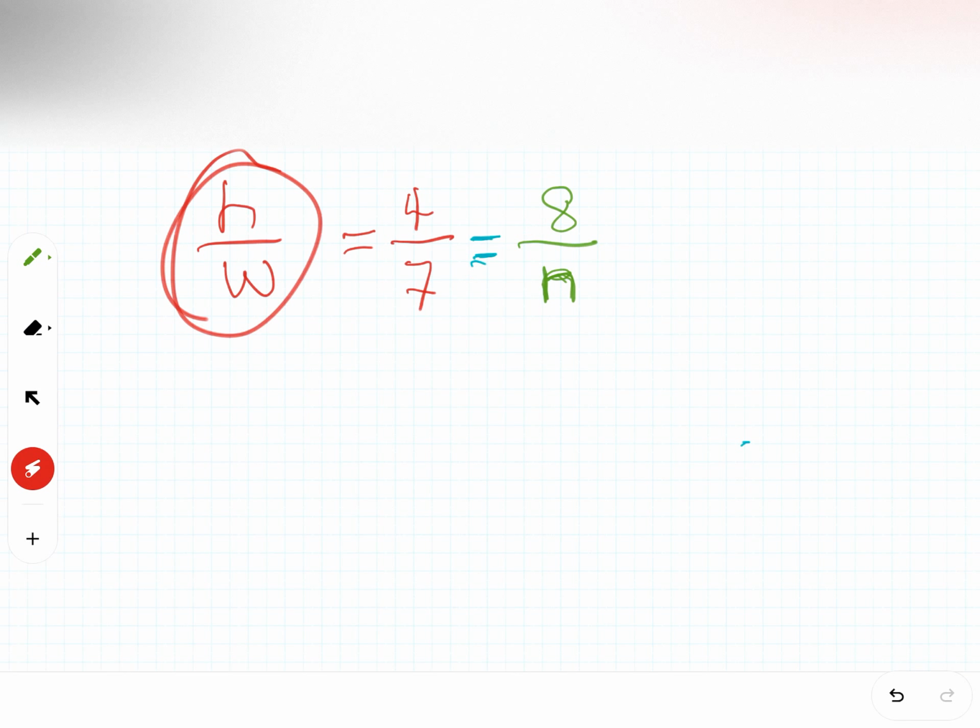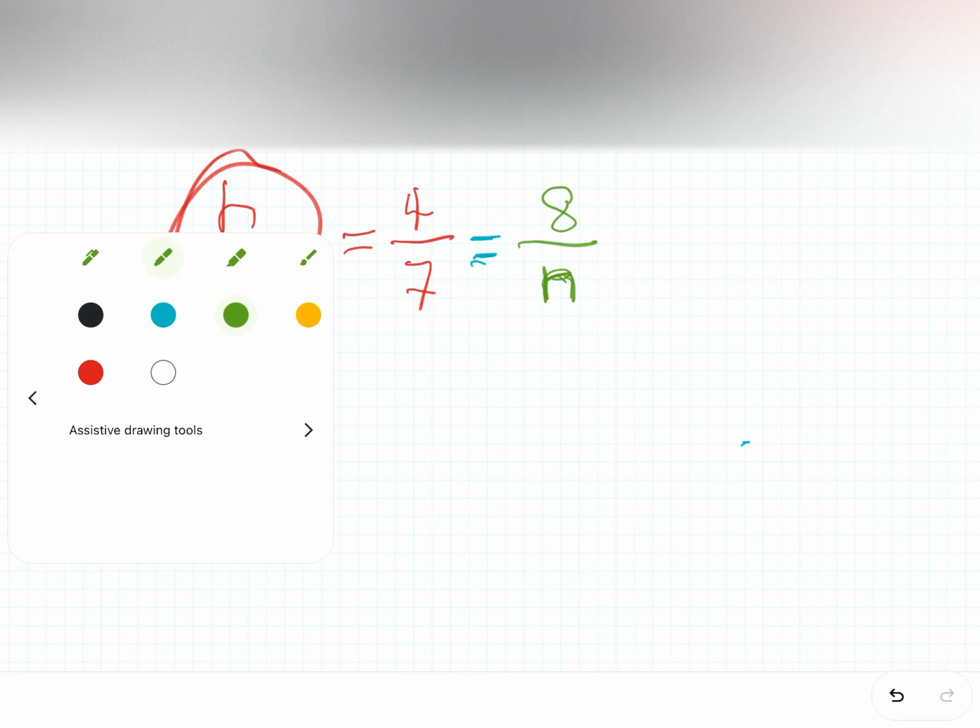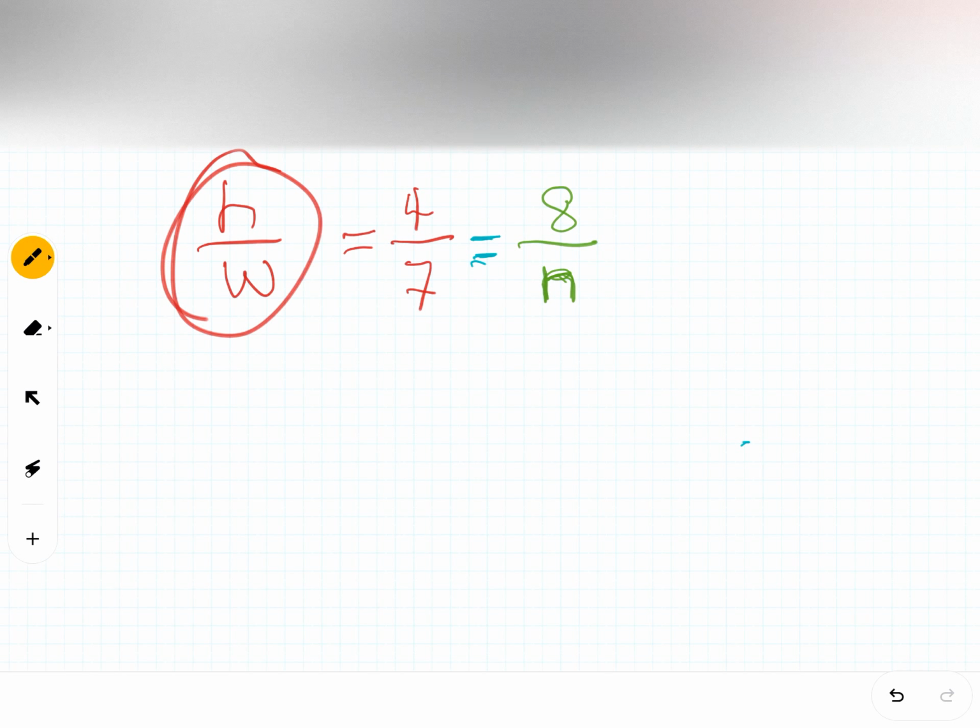So the first step to solving this proportion, and when I say solving this proportion, we mean being able to figure out what the missing number is, I start by taking 8 times 7. I multiply the two numbers on the diagonal. That will give me 56. That's step 1.